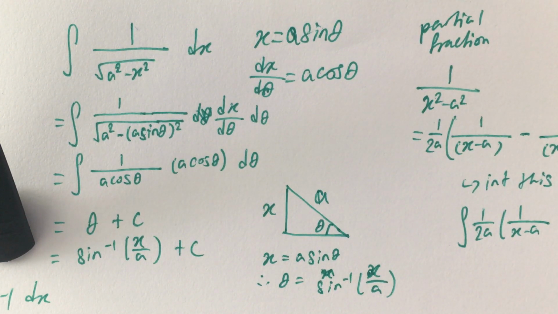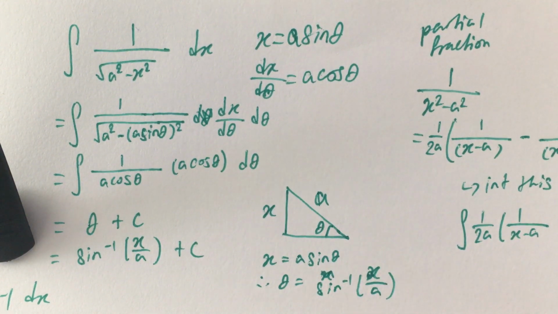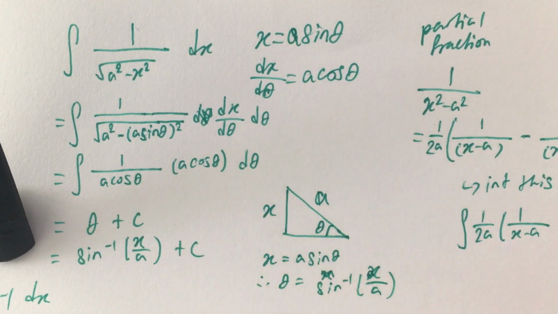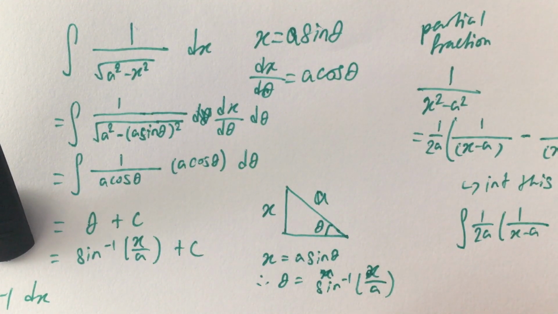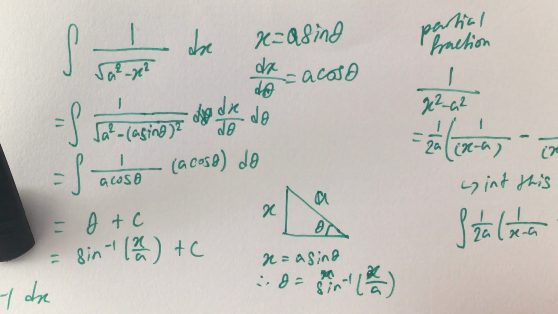So in this scenario, you must make sure that your theta is between negative pi over 2 and pi over 2. Do take note of these limits, the ranges, because that's important when you're doing application questions. Maybe you should write it down when you're writing your integration.